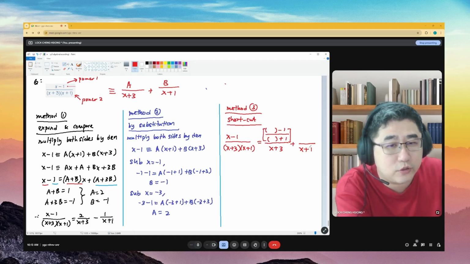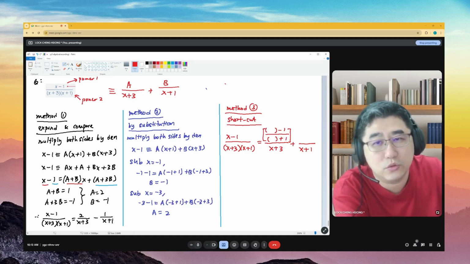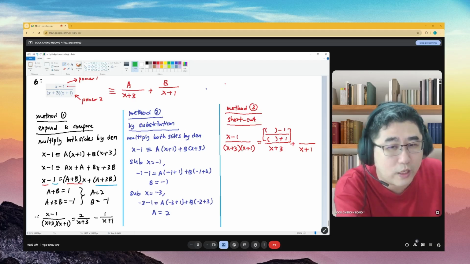The second fraction, you have x plus 1, so you use your finger to cover x plus 1. When you cover x plus 1, you only see x minus 1 over x plus 3. Similarly, you're going to write blank minus 1 over blank plus 3 on top.